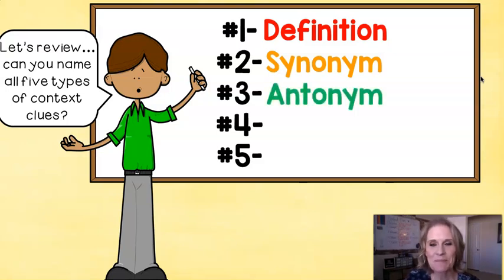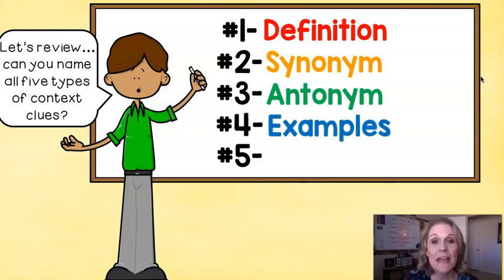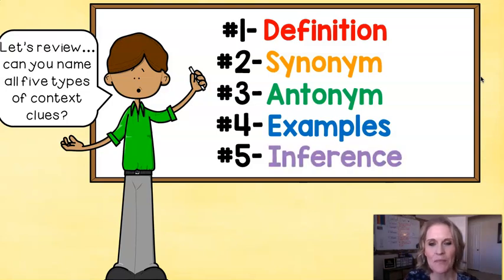Antonym, number 3, means opposite. Number 4, examples. And number 5, inference. Make sure you have all those written down and definitions and examples of each one. So definitely help you throughout the week and next week while we're working on context clues.